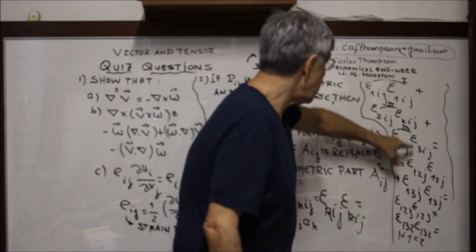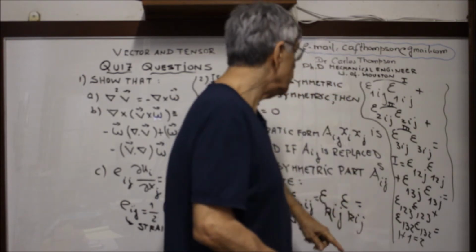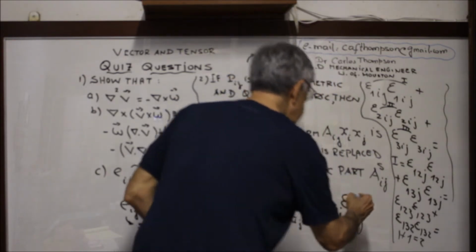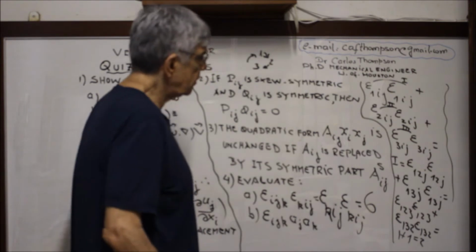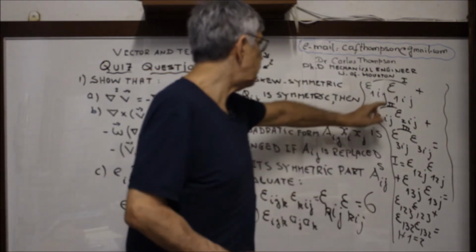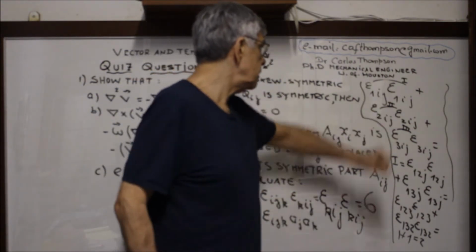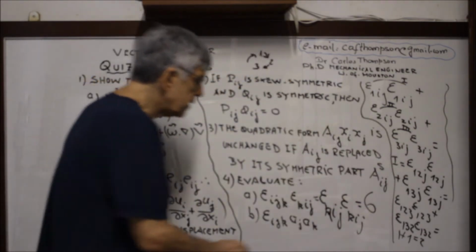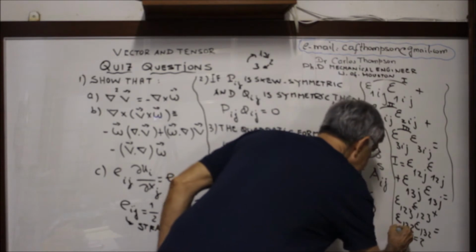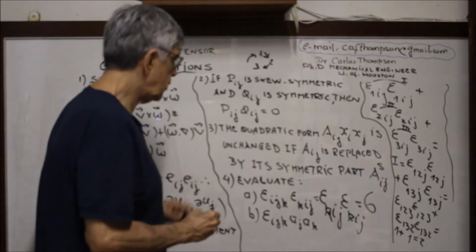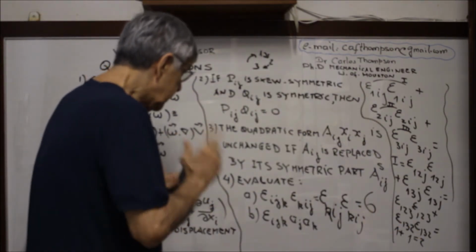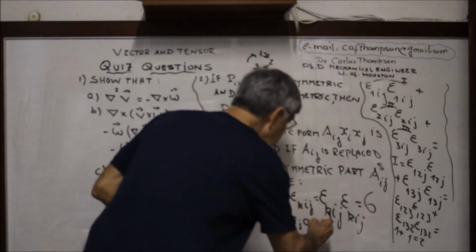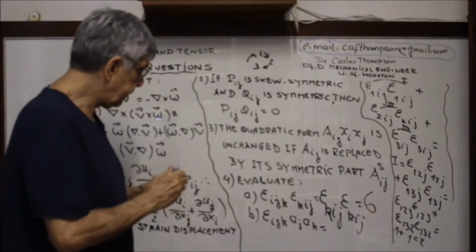For this term 3, also it will be 2. So the sum over here will be 6. Just easy. Now you do the term number 2 and the term number 3. In this case, let's put here 1 plus 1. So this is 6.